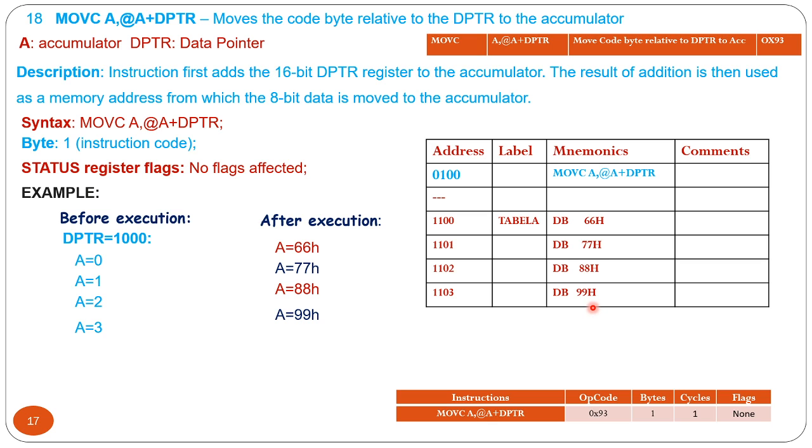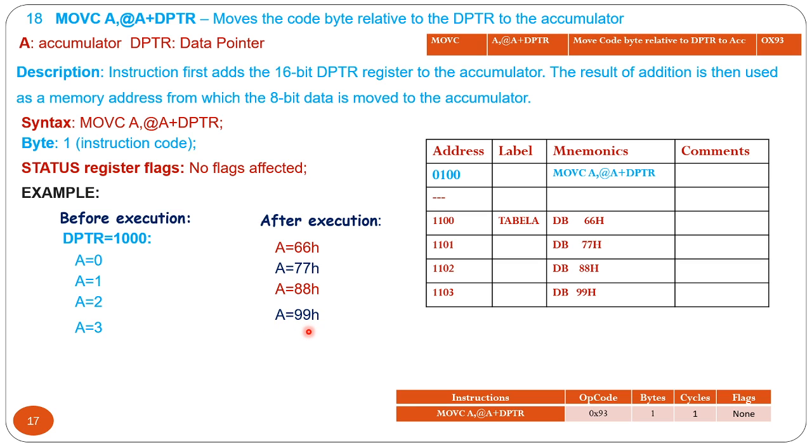Now when this instruction gets executed, the content of accumulator becomes 66H for the first address, 77H for the second address, 88H for the third address, and 99H for the fourth one.